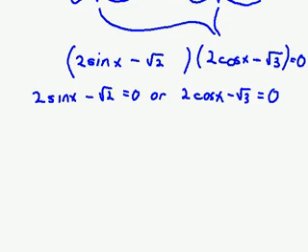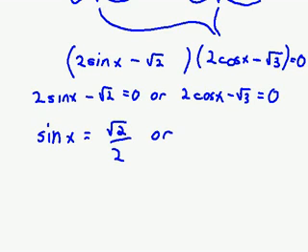So if I add radical 2 and divide by 2, I'll get sine x is equal to radical 2 over 2. Here, if I add radical 3 and divide by 2, I'll get cosine x is equal to radical 3 over 2.